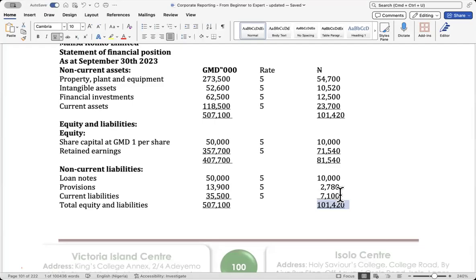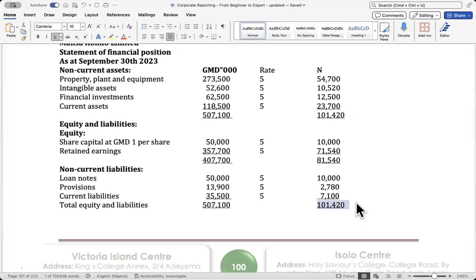If measured at historical cost, you translate at the historical rate. If measured at fair value, you translate at the rate existing when the asset was remeasured. Most of these assets were remeasured, so I used closing rate for everything. You find out that the account simply balanced. I'll get my 12 marks and move forward.